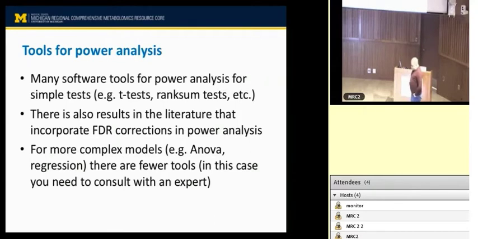So by using, for example, software that has been designed for a classical setting where you are only doing one comparison and postulating those results in your grant, a careful reviewer is going to say you haven't done the calculations correctly, because you're not only testing for one metabolite, you're testing for 300 metabolites, because that's what you are saying in the grant application that the MRC2 platform is going to detect. So then you need to adjust all your power analysis for FDR corrections. By now, there are papers that have fixed all these calculations for these simple tests.